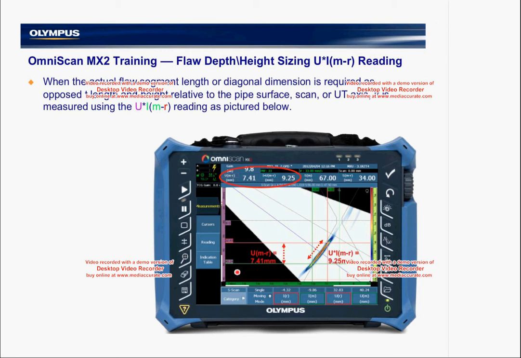So in this case, we have a through-wall height dimension, which is typical of our ASME codes, but also a ligament or segment length of 9.25 millimeters using the UI-M-R reading. Typically, for most of our weld applications and code-based construction inspections, that reading isn't required.